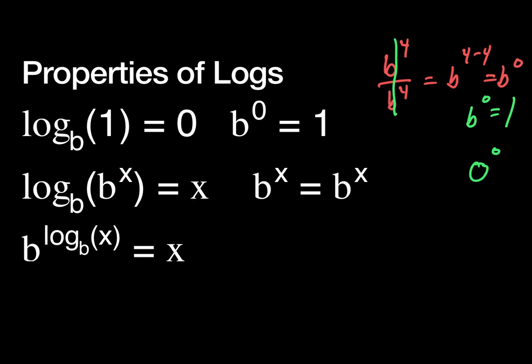But also you'd say, okay, b to the x power is equal to b to the x power, and if they have the same bases, then x would equal x. And then also because they're inverse functions, if I started with log base b of x, and I took b and raised it to that power, the b to the log base b are inverse functions, that would also leave me with just x.